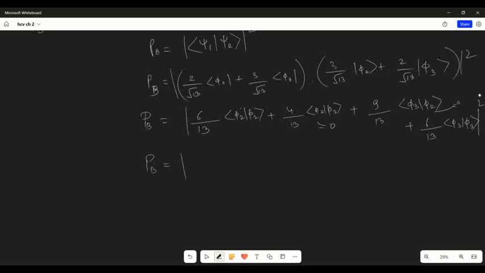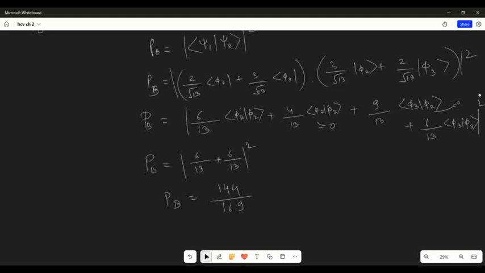So let's write the mod first: 6 by 13 plus 6 by 13, mod square. So PB will be 144 divided by 169, basically 12 squared by 13 squared. So the probability PB will be 144 by 169.